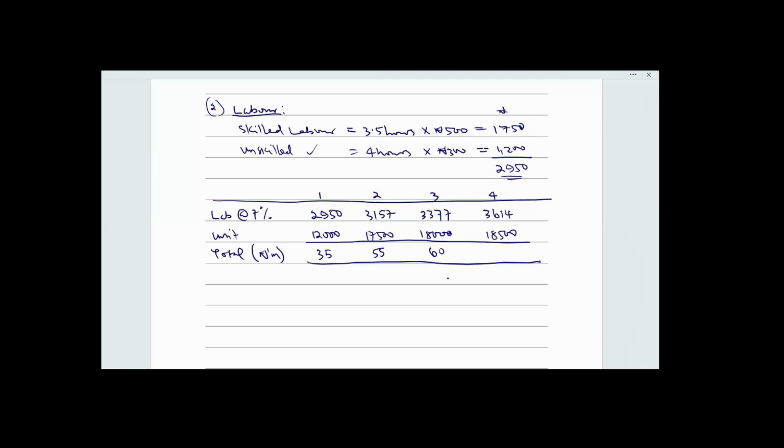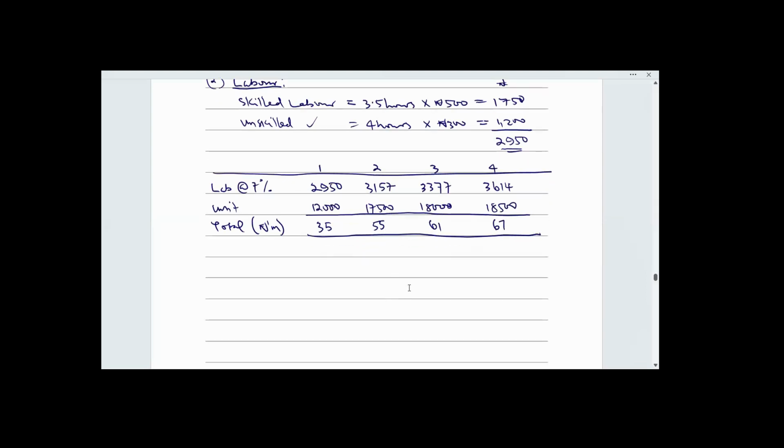So year 3 is 61, then year 4 is 67. Year 3 is 3,377 multiplied by 18,000, which is 61. Okay, so I'm done with labor costs. I'll move to the next one.